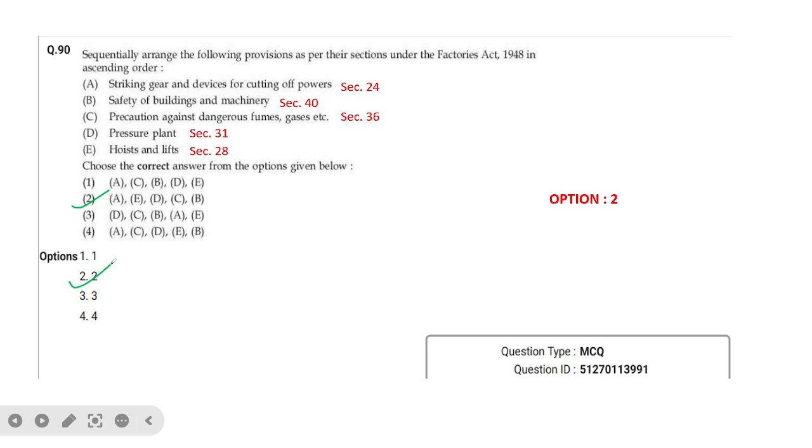Then pressure plants. Then precaution against dangerous fumes and gases, etc. Then safety of buildings and machinery, section 14.